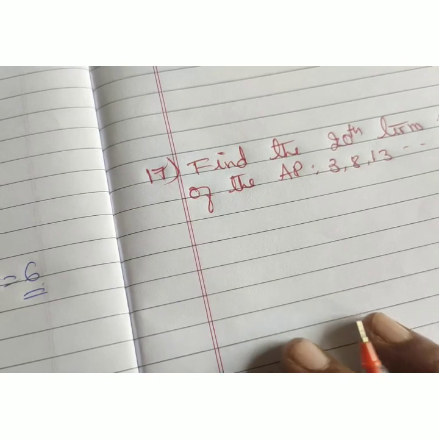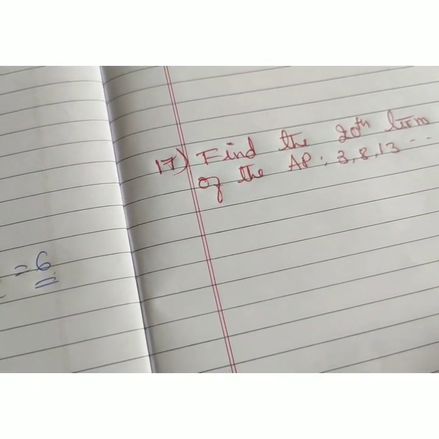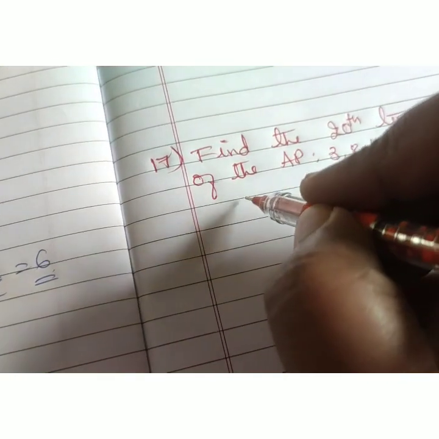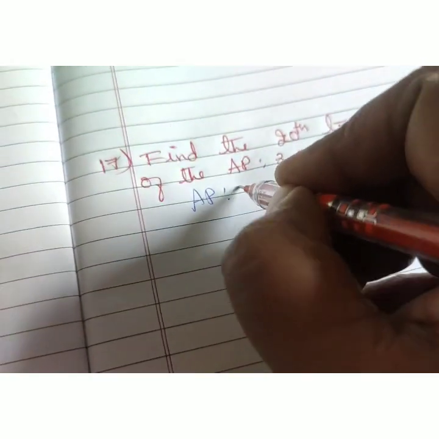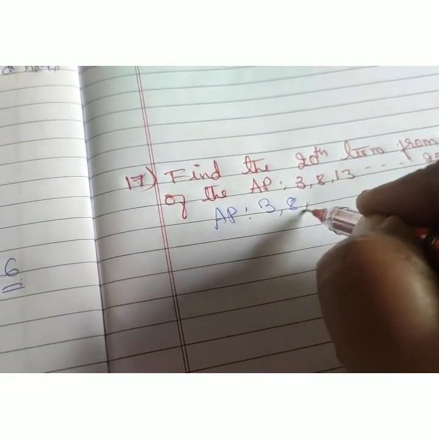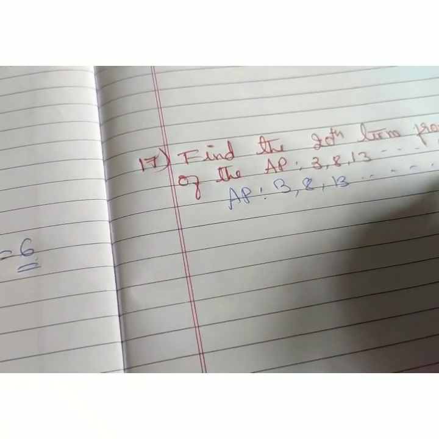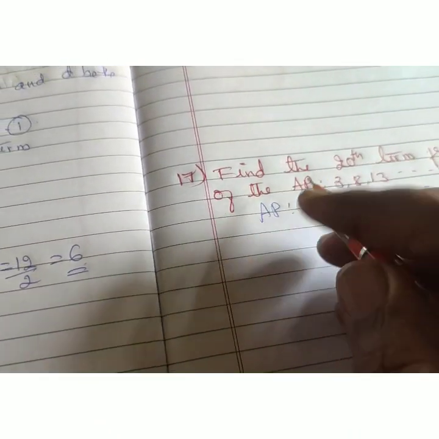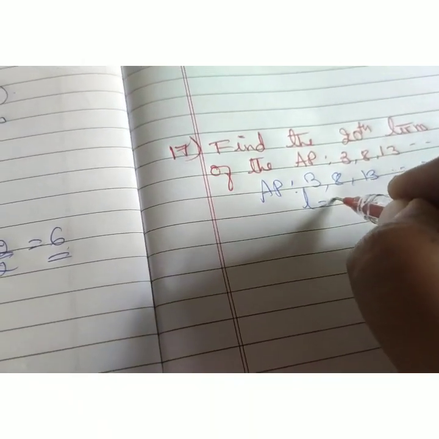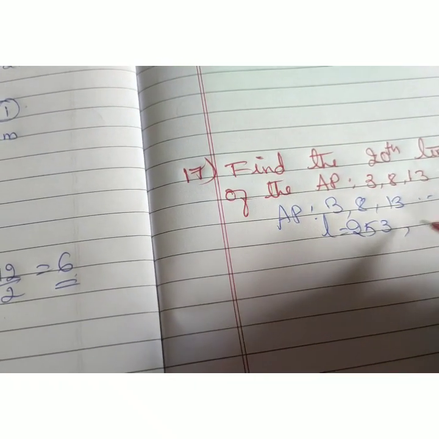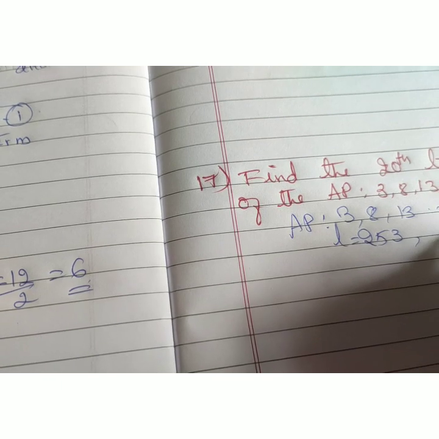The direct method is this. We know the given AP: 3, 8, 13 and so on. This is the AP given, and our last term is 253. So the last term is 253. And what is D there?